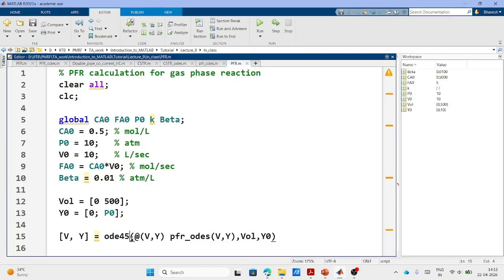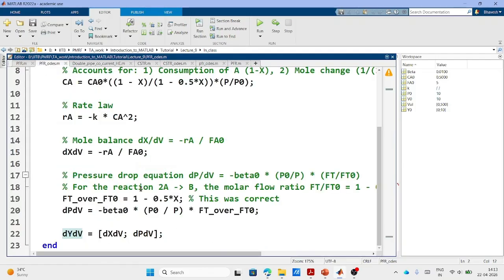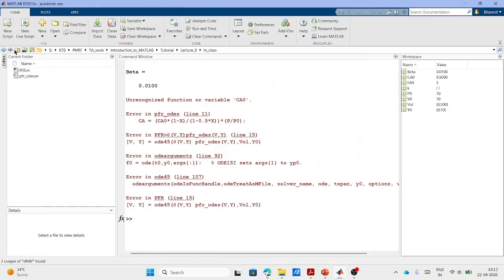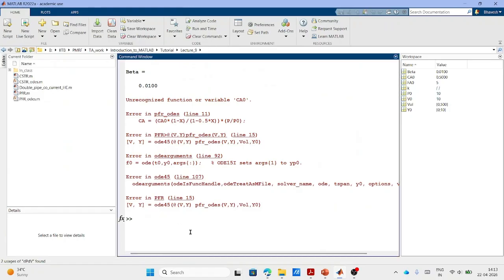Hmm. Okay, let me check this and re-verify it. I'm not able to figure out what exact syntax error is causing this, because everything appears to be the same as the reference value that I had done previously, but apparently we are just getting one value only.